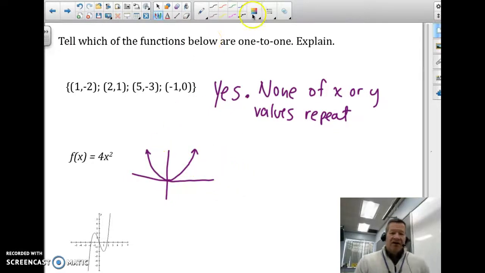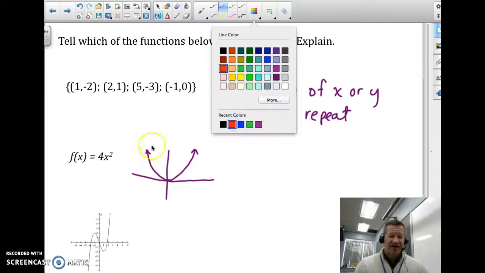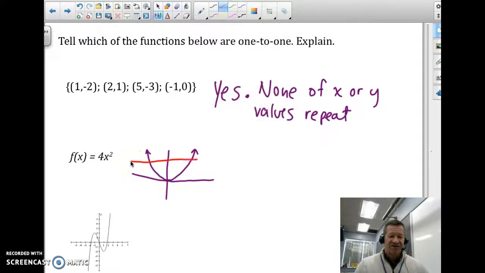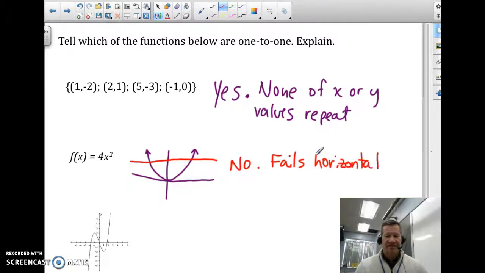Now you notice that this graph does not pass a horizontal line test, and therefore the answer to this one is no, this is not a one-to-one function because it fails a horizontal line test. Remember, in order to be a one-to-one function, it has to pass both a horizontal and vertical line test. So while f of x equals 4x squared is a function, it is not a one-to-one function.